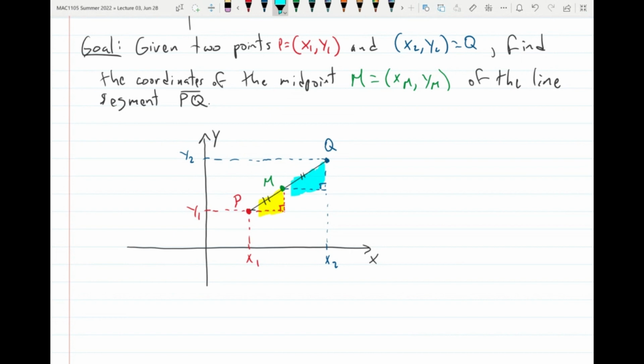Yes. Hypotenuses are equal. Good. But that's not enough, right? For example, let's say that this is 7.